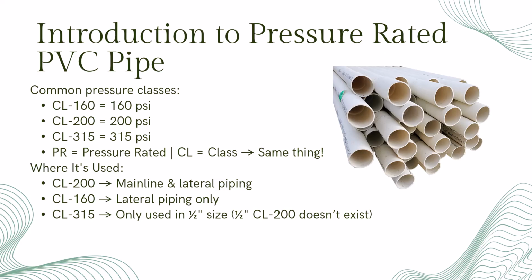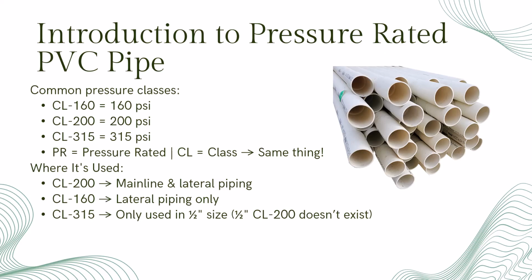Each pipe class, like CL160, CL200, and CL315, has the same pressure rating across all sizes in that class. So no matter if it's 3/4 inch or 12 inch, if it says CL200, it's rated for 200 psi. The most common pipe used is CL200, and it's used for both the main line, which is under constant pressure, and the lateral lines that lead to the sprinklers.